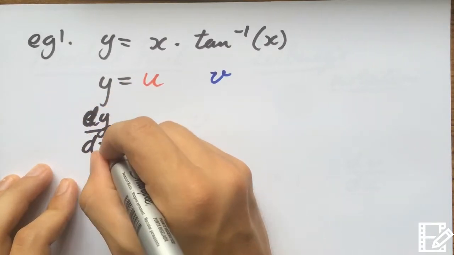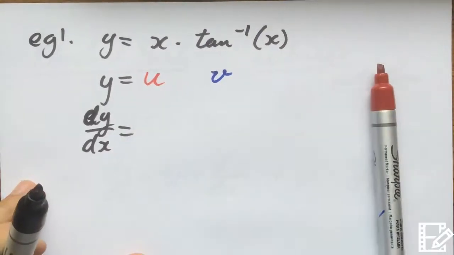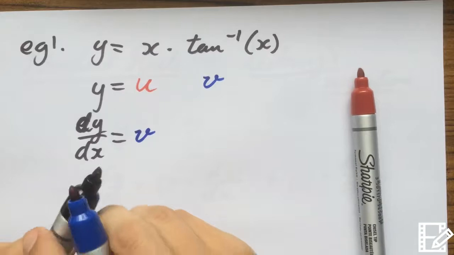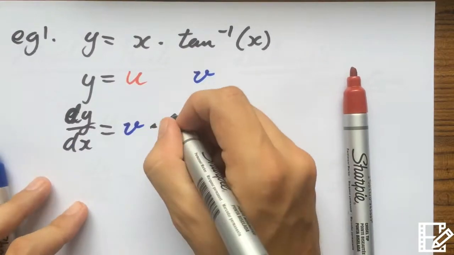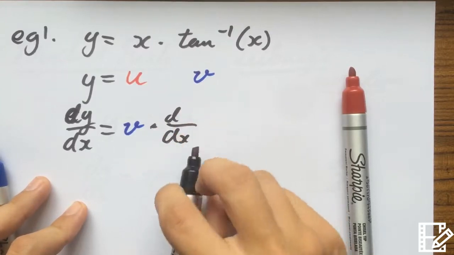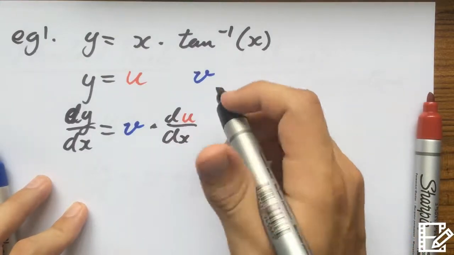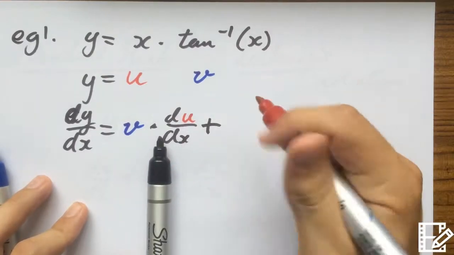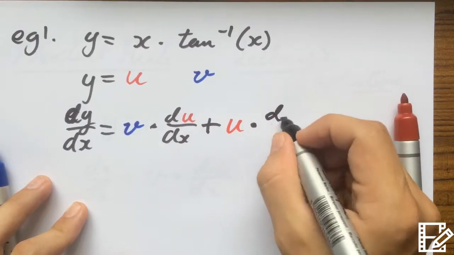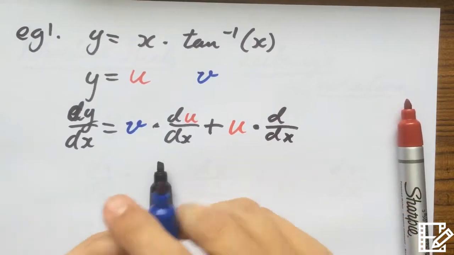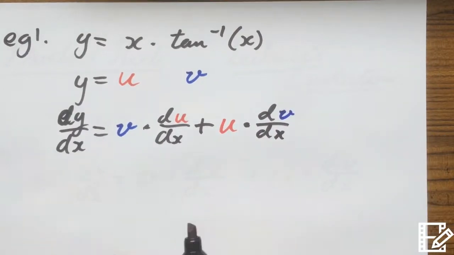The derivative will equal v multiplied by the derivative of u, plus u multiplied by the derivative of v. Okay, that was a bit of effort.